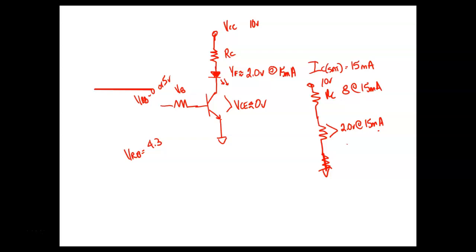R is equal to V over I, so R would be equal to 8 over 15 milli. Hopefully when you got out of DC, you said, I'm through with DC, I don't need to know any of these formulas. 533 ohms. Yes, sir, 533.3, whatever.